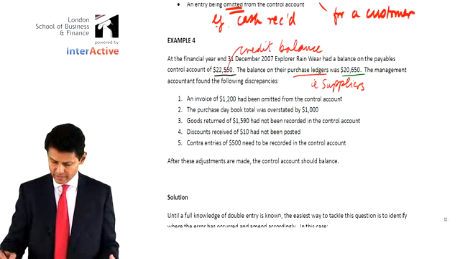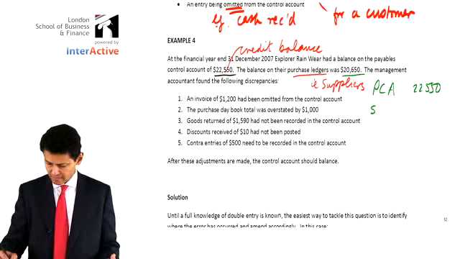So let's have a look at this. The payables control account stands at 22,550, whereas the suppliers' ledgers, the individual ledger accounts, add up to 20,650.